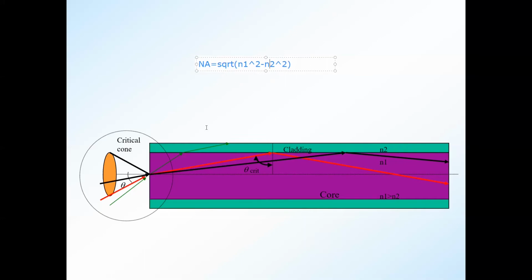So again, depending upon how large you want, because larger is the numerical aperture, the better signals will be coupled. Coupling efficiency is nothing but the ability of the system to couple the signal into the fiber, and therefore the larger the numerical aperture, higher is your coupling efficiency. So we always want this to be higher, but definitely this is very small for a single mode fiber and larger for a multi-mode fiber.